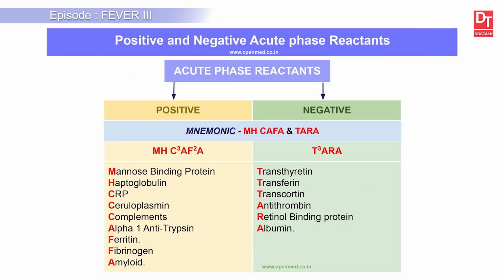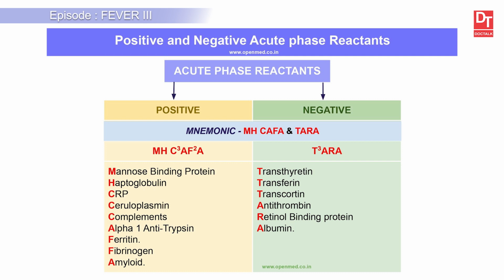Very often we are coming across patients having high CRP, low albumin. In that case, these albumin and CRP are phase reactants which are very important. Just I am showing you one photograph of different phase reactants. Now, positive and negative acute phase reactants.